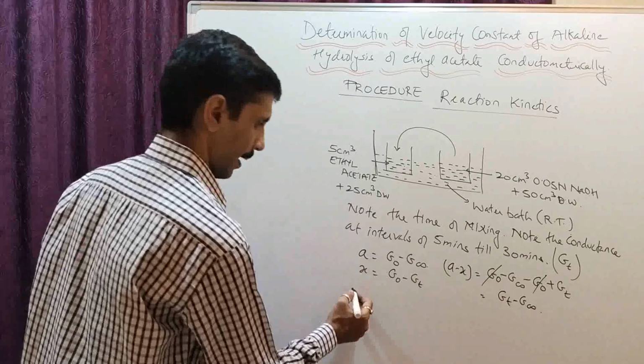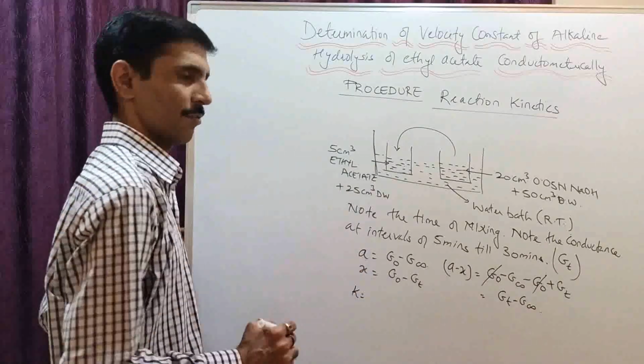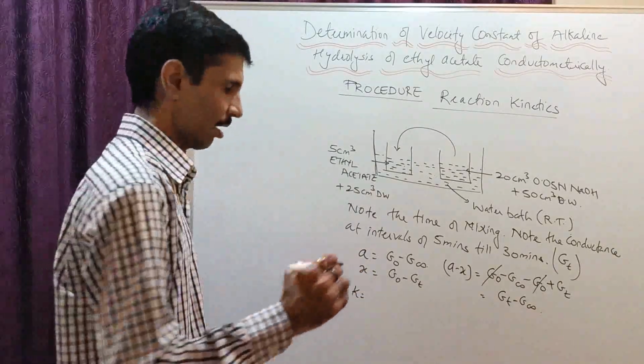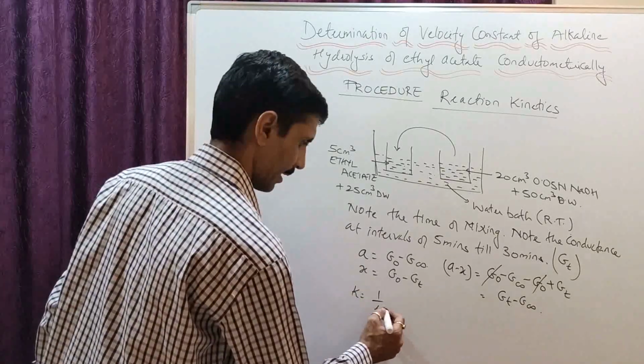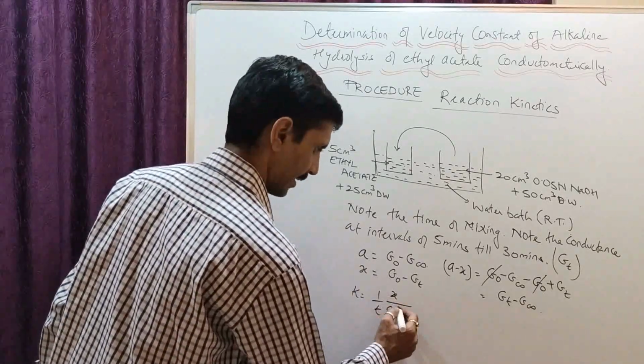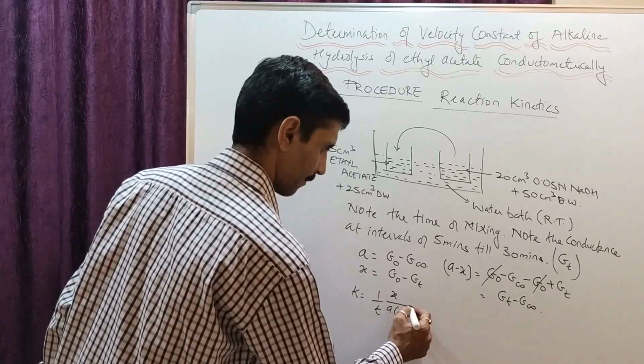The formula for the rate constant is k = 1/t × x/(a(a − x)).